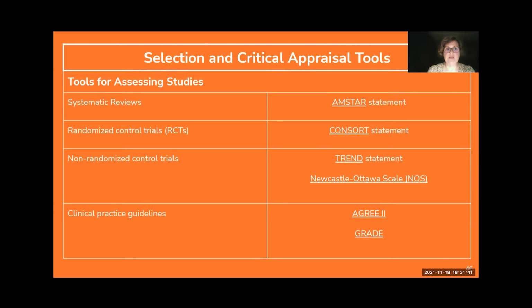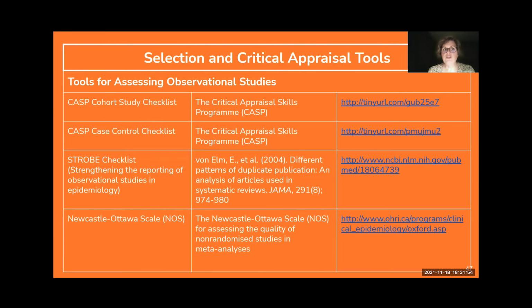So if you are doing something more like controlled trials, there's the CONSORT group that has its own critical appraisal tool that you can use. And maybe cohort studies are more what you're looking at, and the CASP group has its own critical appraisal tool as well. So as I say, it depends on the methodology of those papers.